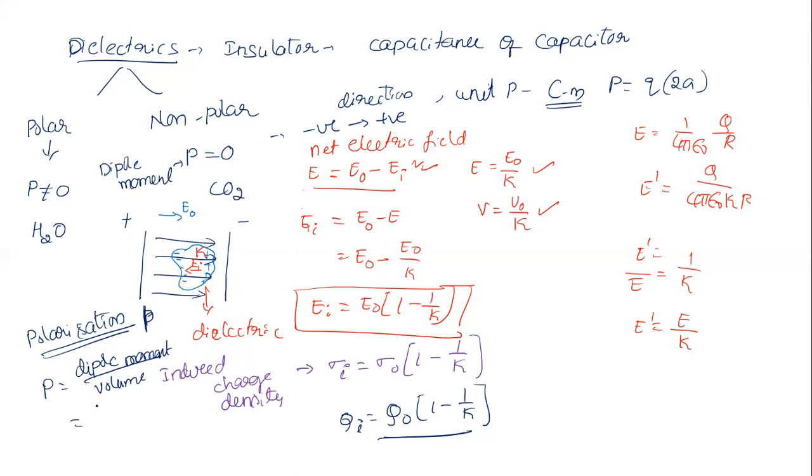Dipole moment is charge multiplied by the length of the dipole, divided by volume, which is area multiplied by length.